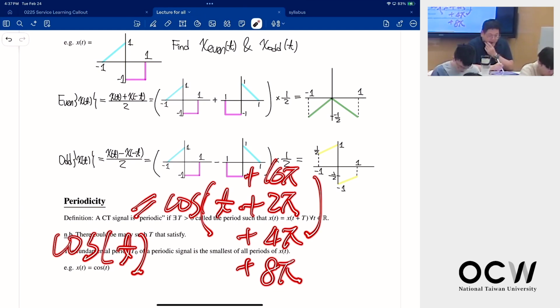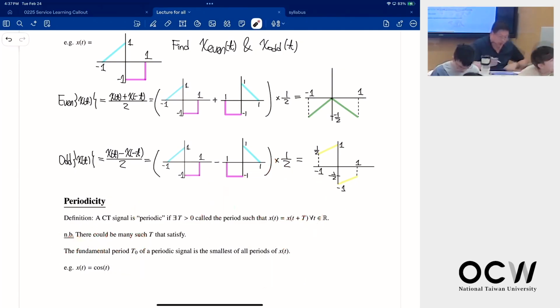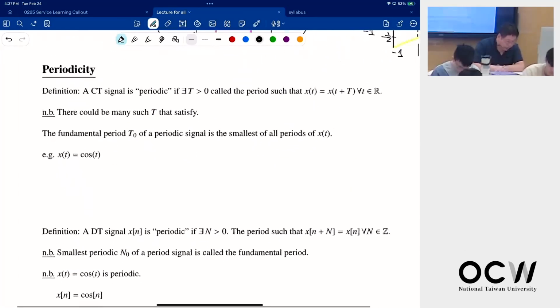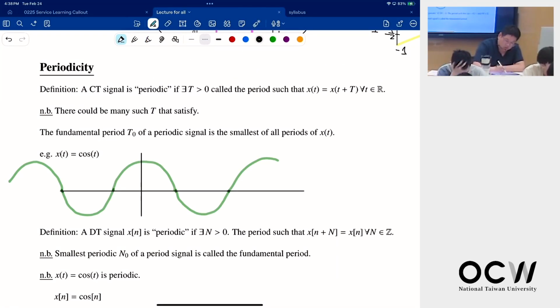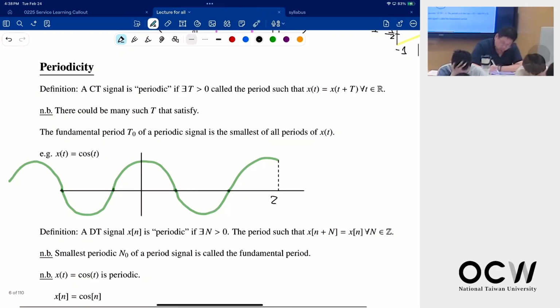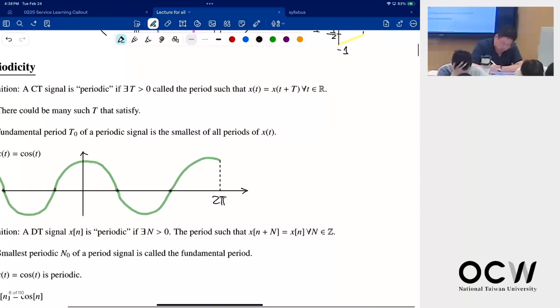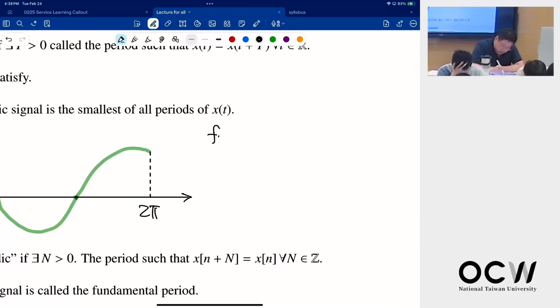In this case, 2 pi is the smallest period, so we call that the fundamental period. That's 2 pi. So if we plot the cosine, here will be 2 pi. Then our fundamental period T naught is 2 pi.